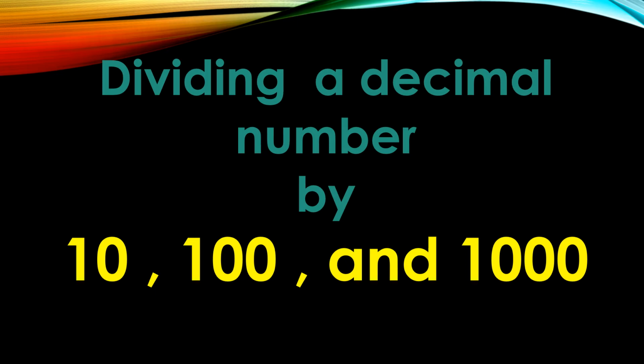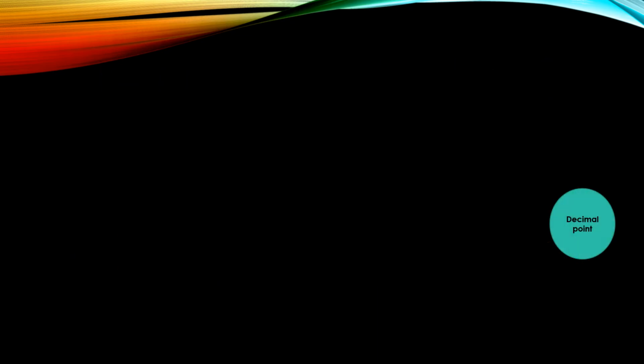When we multiply a number by 10, 100 and 1000, you know that the decimal point must shift to the right. Then when we divide a decimal number by a power of 10, you have to shift the decimal point to the left. When dividing, you have to shift the decimal point to the left.